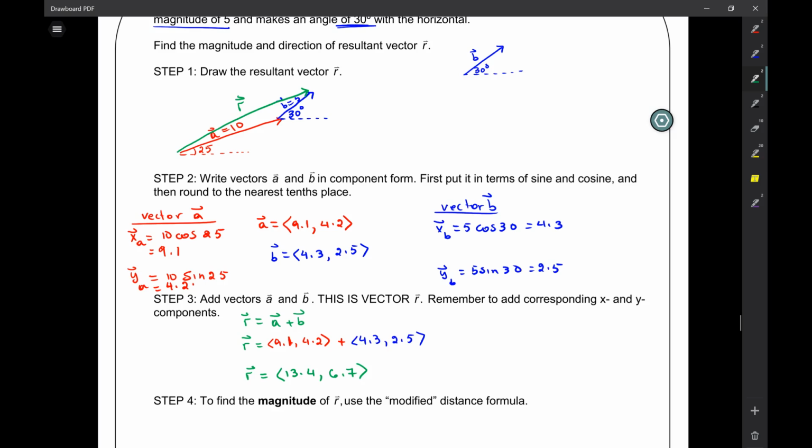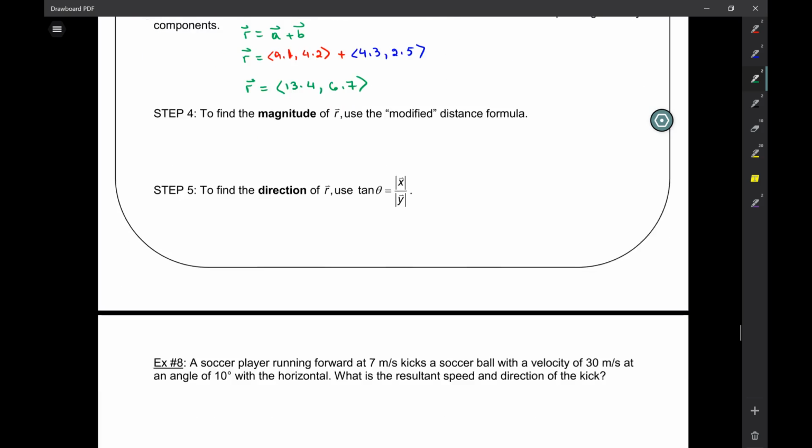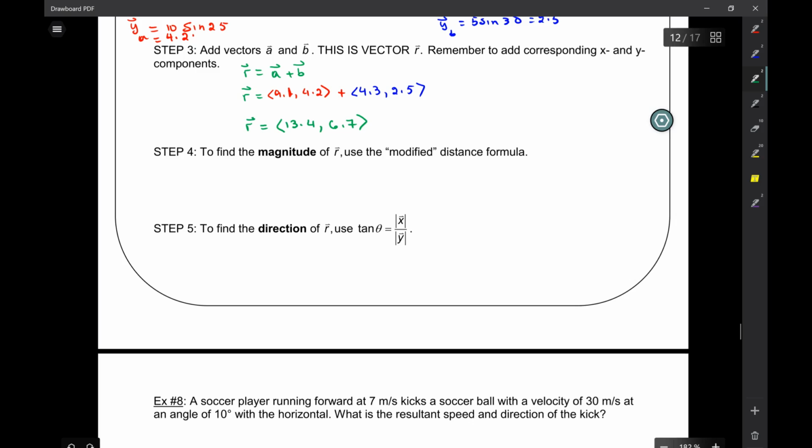So that's vector R. Now what I need to do is find the magnitude of vector R. Do you remember how we were finding magnitude yesterday? It was this, a squared plus b squared. So why don't we do that? To find the magnitude of vector R, I'm going to do the square root of 13.4 squared plus 6.7 squared.